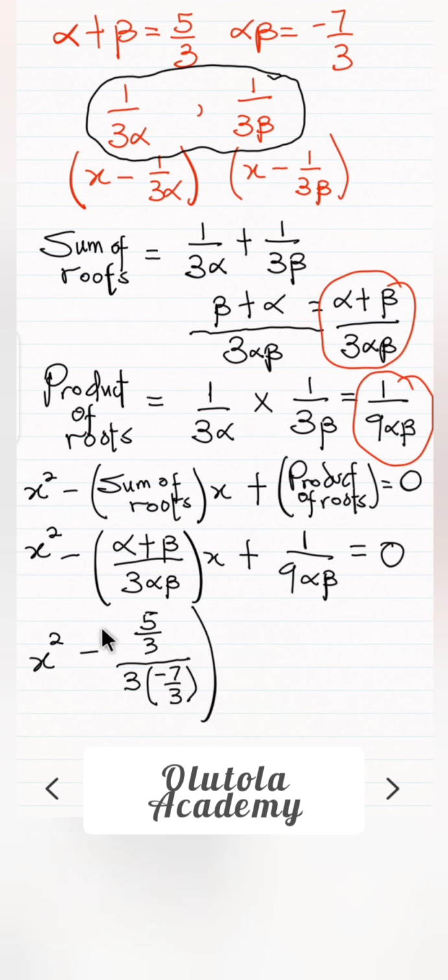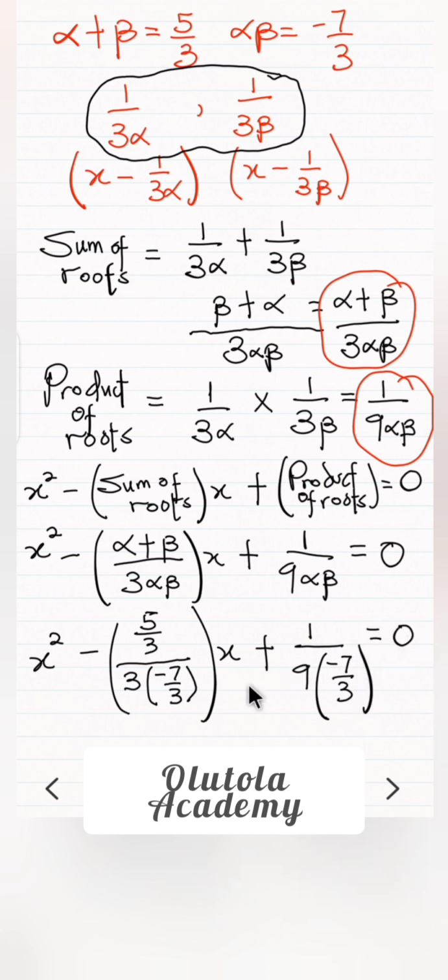I close the bracket and the big bracket, x plus I have 1 over 9 into bracket minus 7 over 3 equals 0.